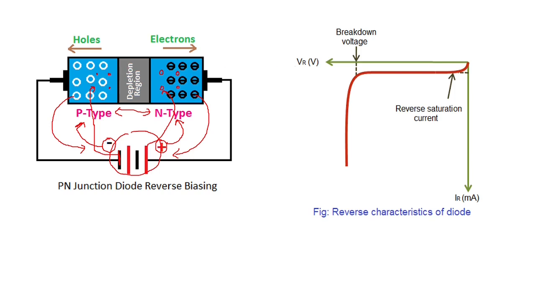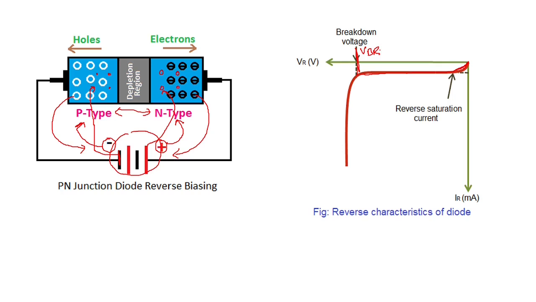Now initially when the applied voltage is increased, very few minority charge carriers are able to cross the depletion region. Now here we see that if the reverse voltage is increased continuously, the kinetic energy of the minority charge carriers becomes high enough to knock out electrons from the semiconductor atoms, so that these electrons become free electrons and they come out and join the flow of current.